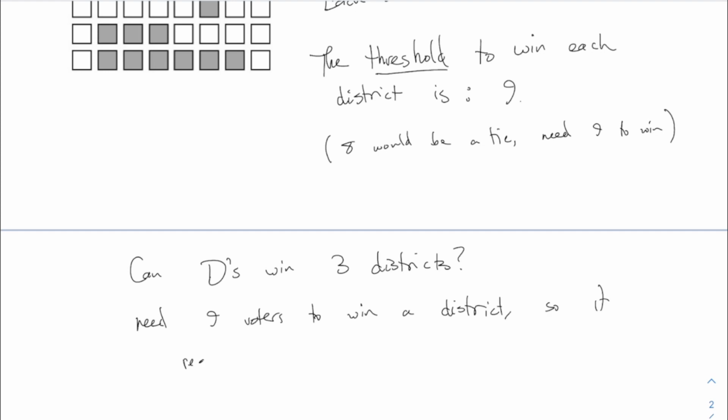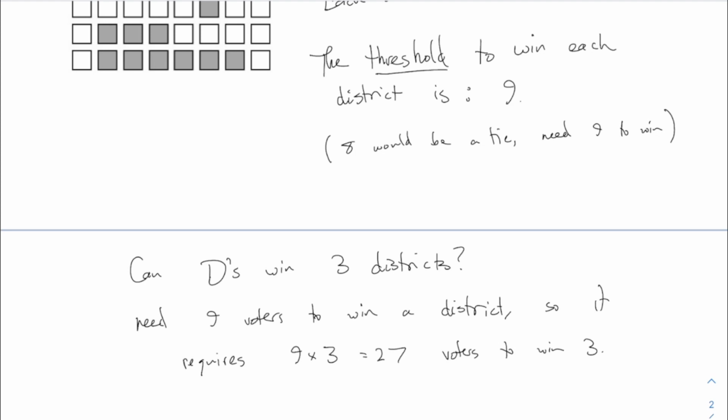Can anybody say how many voters you would need to win 3 districts? 27. Yeah, you've got to multiply here. You need 9 voters to win a district, so it requires 9 times 3, which is 27 voters to win 3 districts. And do they actually have that many?